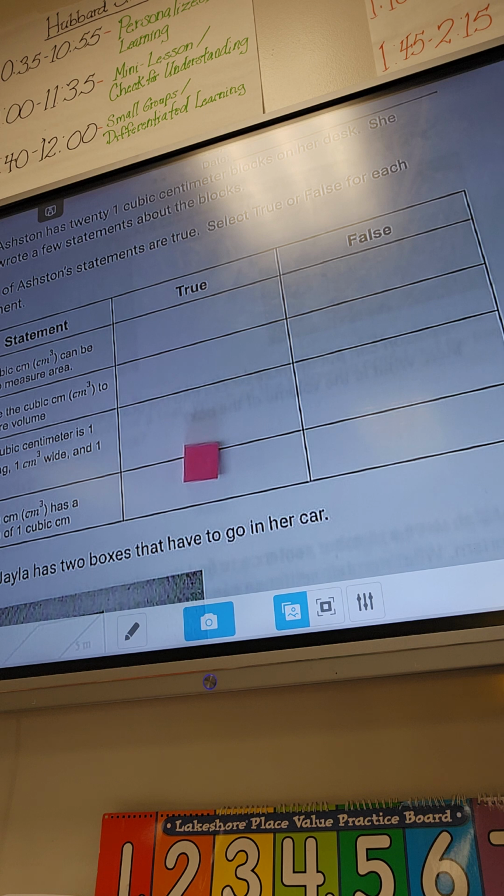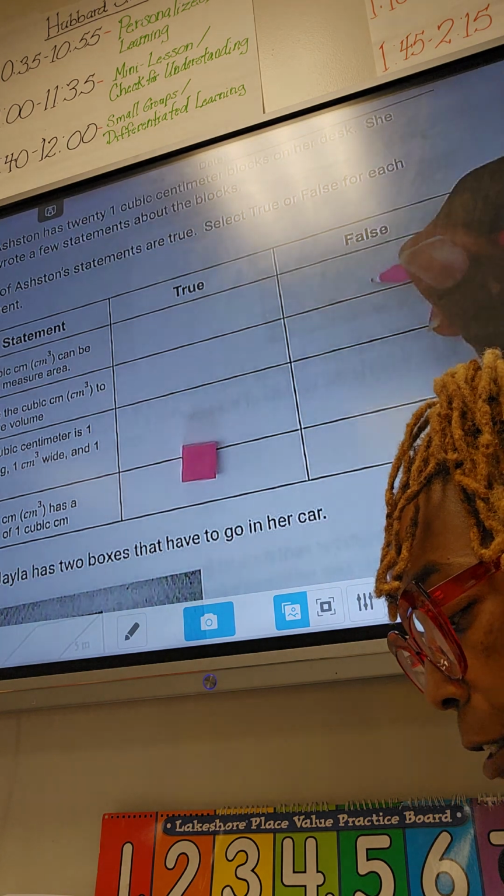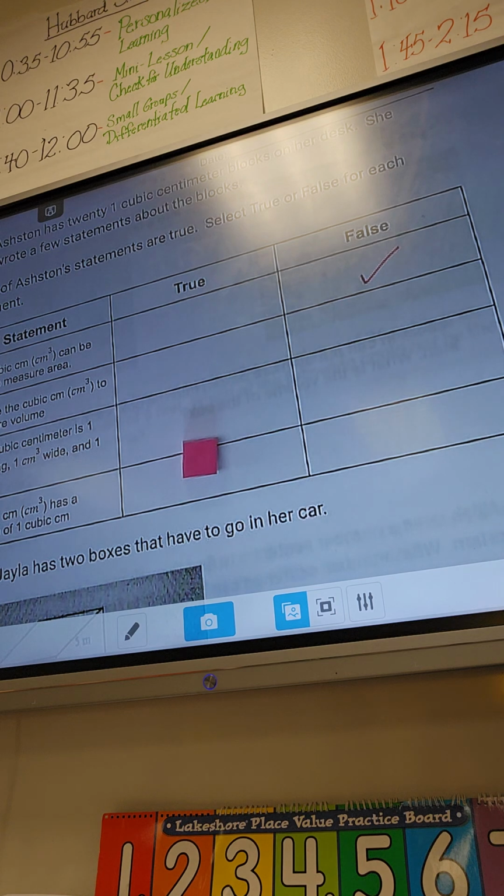Some of y'all still looking confused. It only becomes cubic when you have the height. You can get the base by multiplying length times width, but you cannot get the cubic. That is false, ladies. Cubic centimeters cannot be used to find the area.